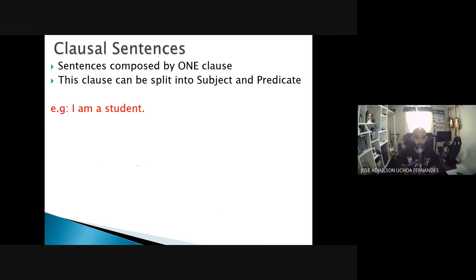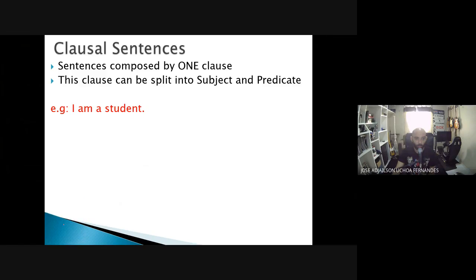Okay, so in "I am a student," as you saw, we have subject and predicate. Let's split it. Subject, for sure you are going to say "I" is the subject, and "am a student" is the predicate. Now, where is the predicator in "I am a student"?